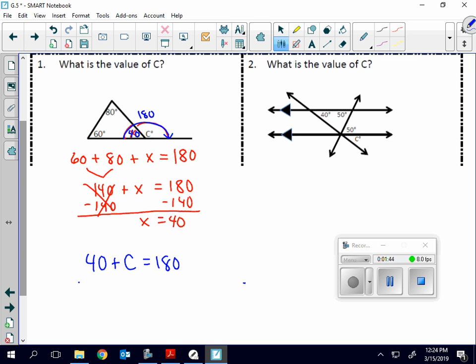We can find C by subtracting 40 from both sides. Sorry, 140. So C is 140 degrees.